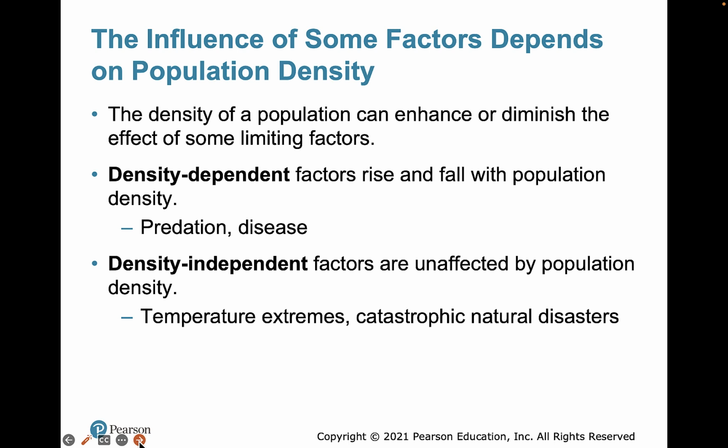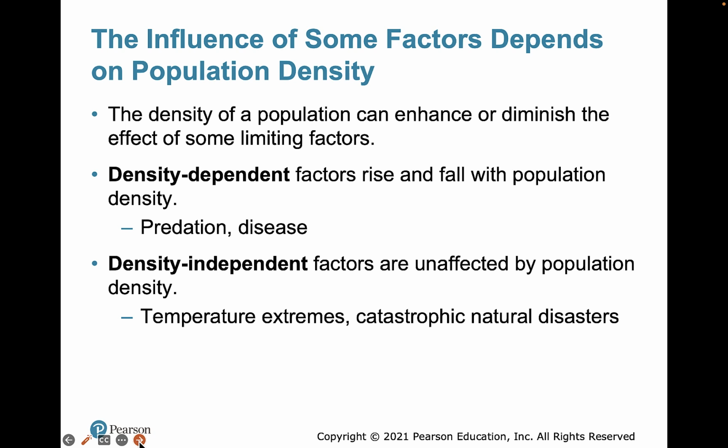There are some limiting factors that are impacted by the density of a population. The density is the number of organisms in an area. And some exist independently of the density of the population. So density-dependent limiting factors are going to rise and fall with population density.